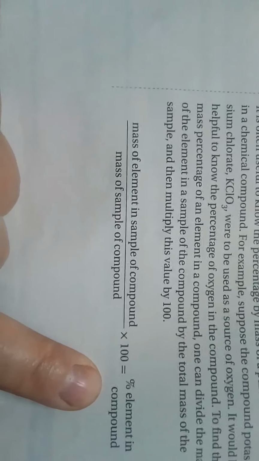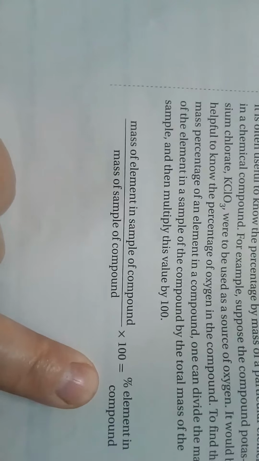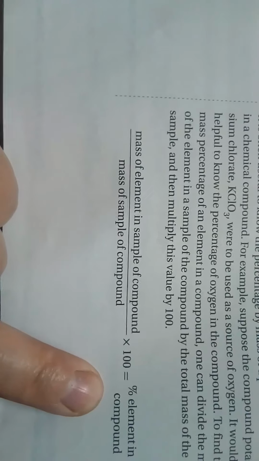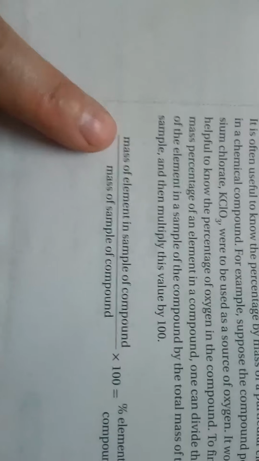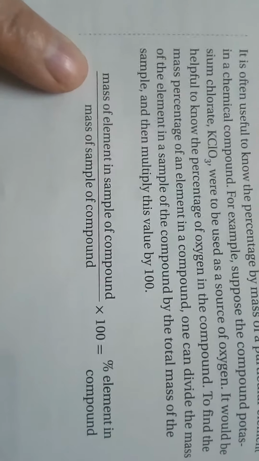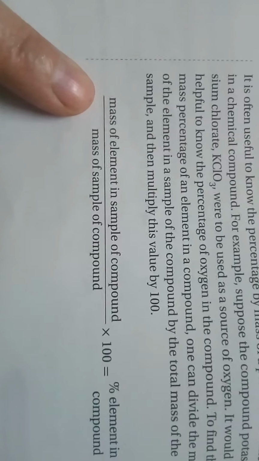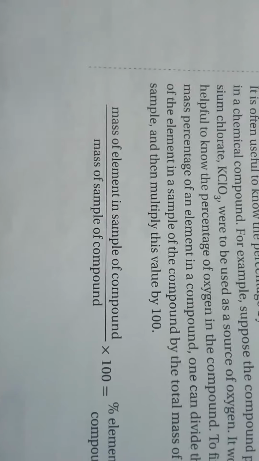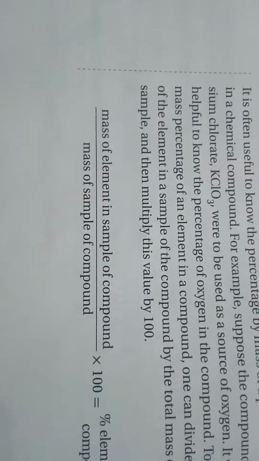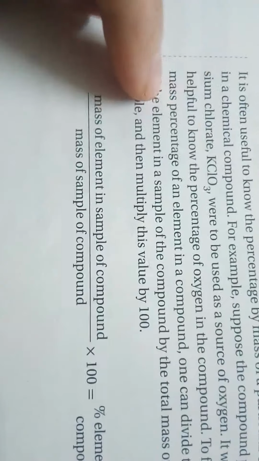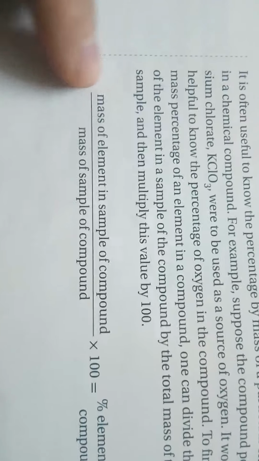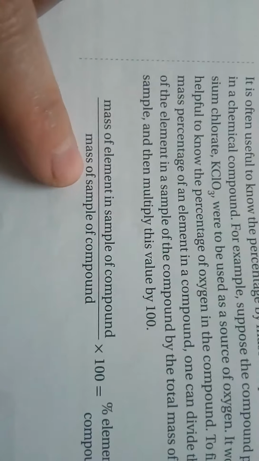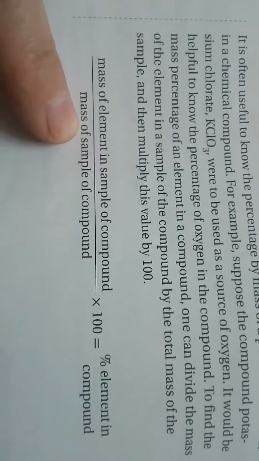But if you have more than two elements, you have to have the mass of at least two of these elements to find the third one. So it's simple and direct: just divide the mass of that element per mole of that compound by the mass of the compound given to you.